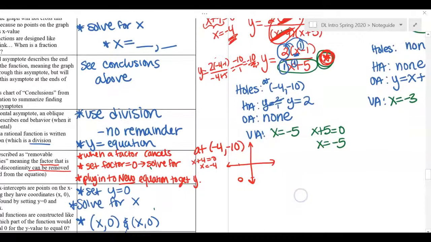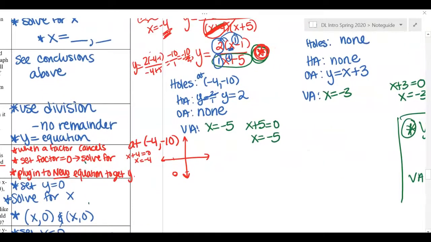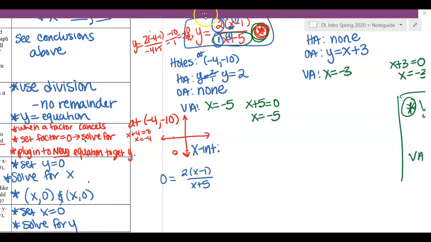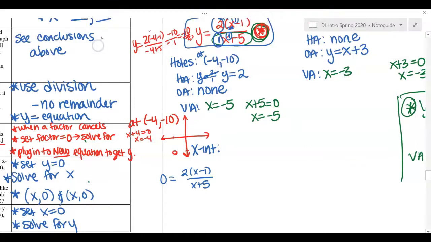So for this first example, if I want to find my x-intercept, again, we're using the more simplified version of the equation. I'm going to take the equation, and I'm going to set y equal to 0. So that looks like this. And here's where those previous lessons come in that reminded you how to solve equations.